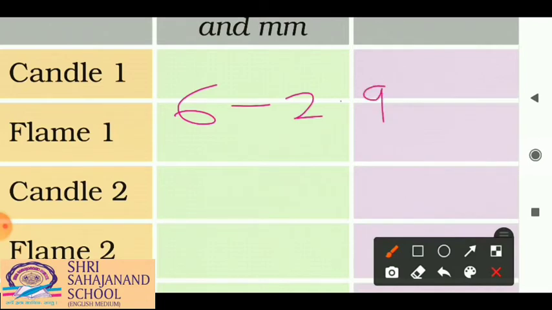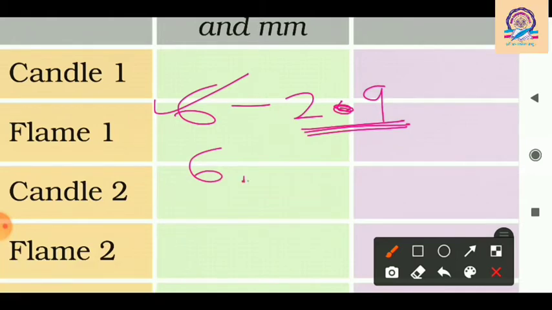The bigger number is 6, so let's write it on the top, and 2.9, here you can see this is in decimal form. So how to subtract it? Actually 6 we can write as 6.0, and on the bottom side we have 2.9.